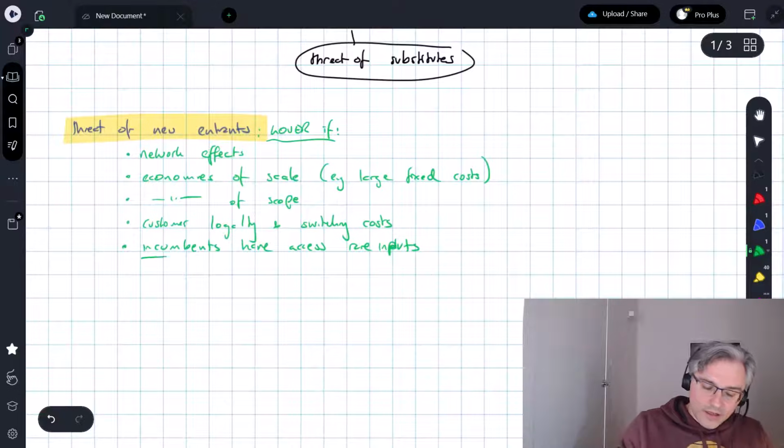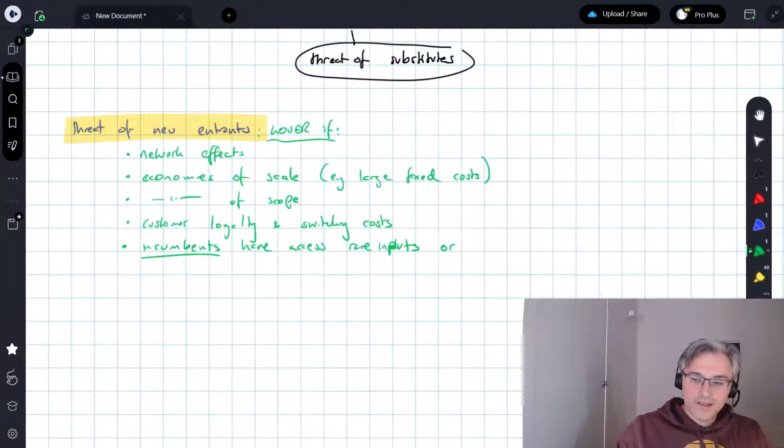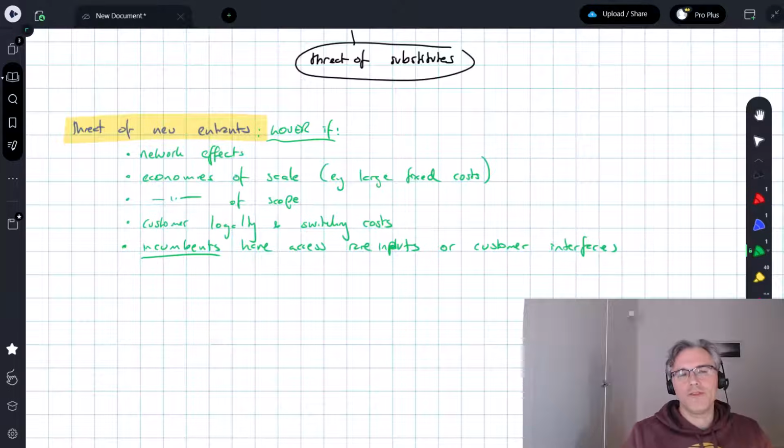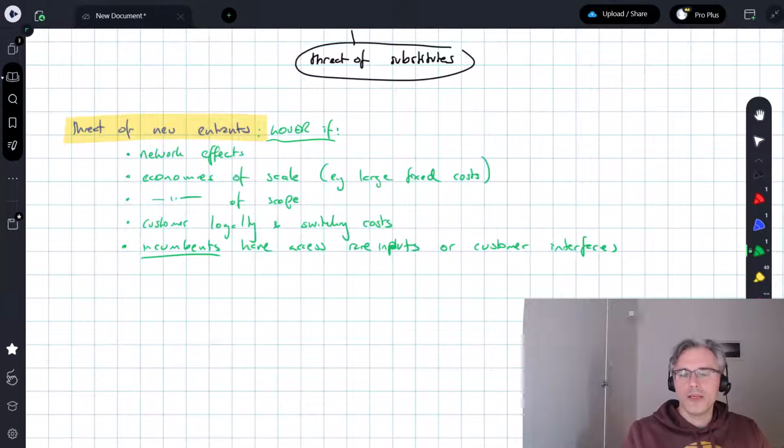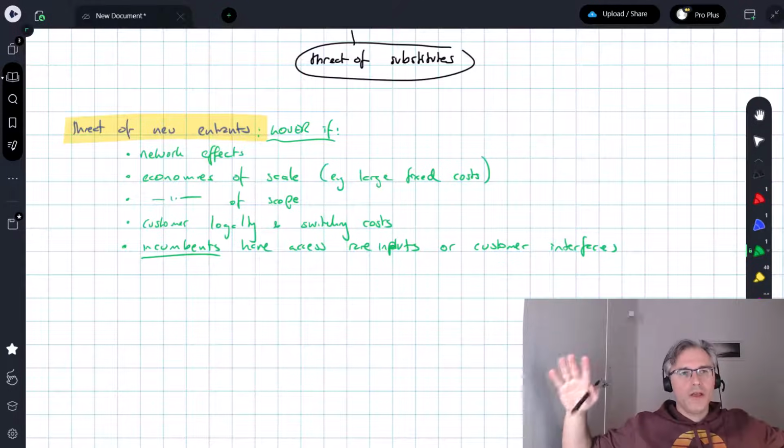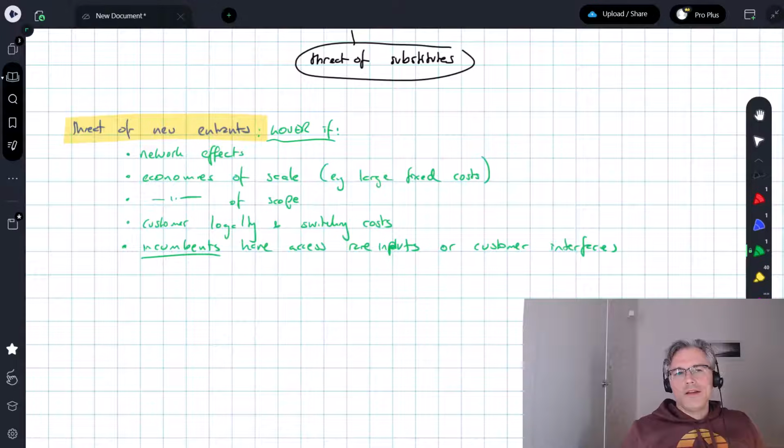Or if the incumbents have special custom customer interfaces, ways in which they communicate with customers. Think about suppliers to shops who have special networks via which they conduct business with shops. They may have agreements for specific shelves in shops being only for them. Then, once again, this makes the life of a new entrant quite difficult.